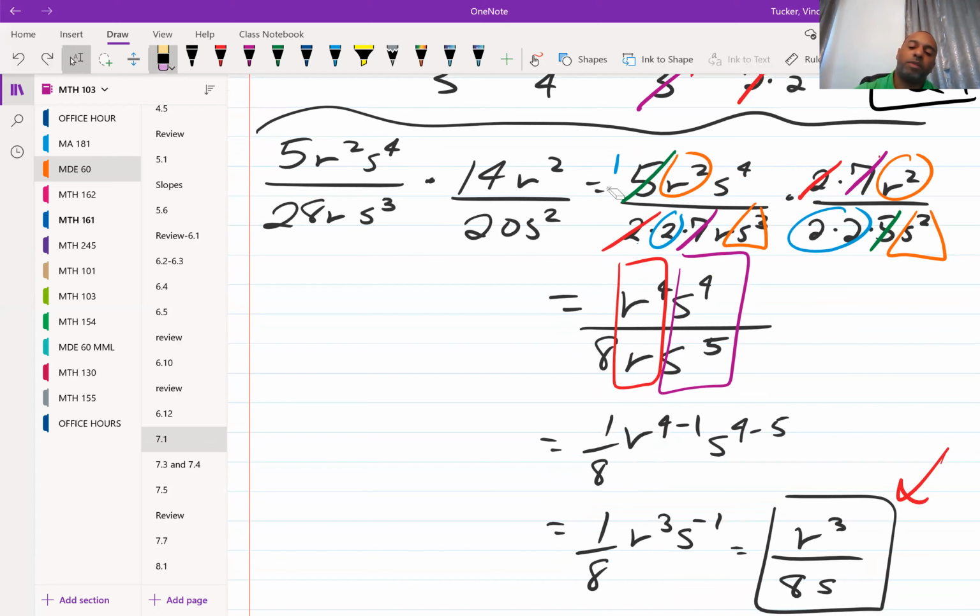That's r cubed times s to the negative first power. 1/8 is still out front. So simplify as much as possible. That's r cubed in the numerator. Bring the s down to your denominator to write it with a positive exponent.